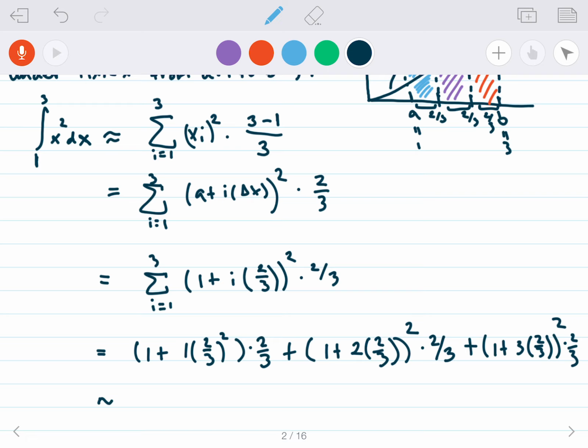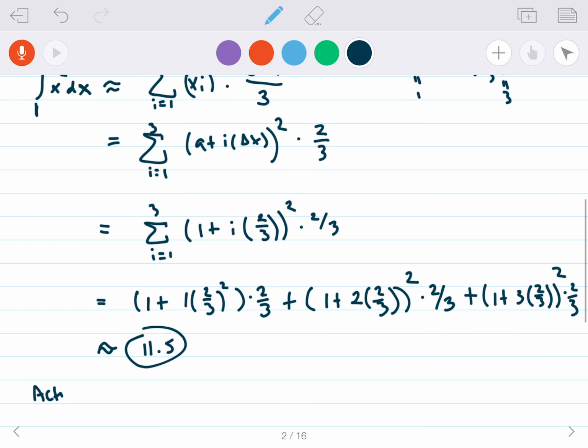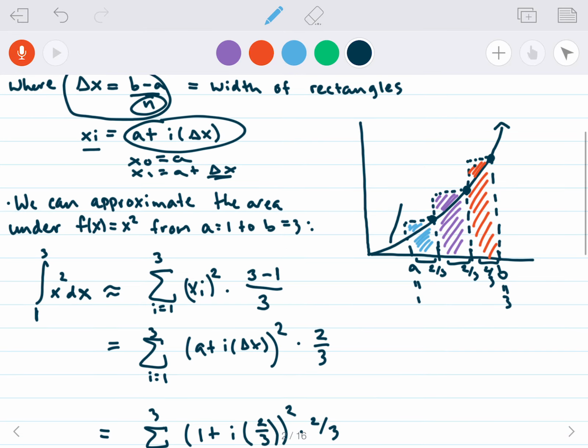And if you do the computation here, I'm getting 11.5, where the actual value is approximately 8.7. So the actual area under the curve is 8.7. Using 3 rectangles, we do get an overestimate because of this area at the top.